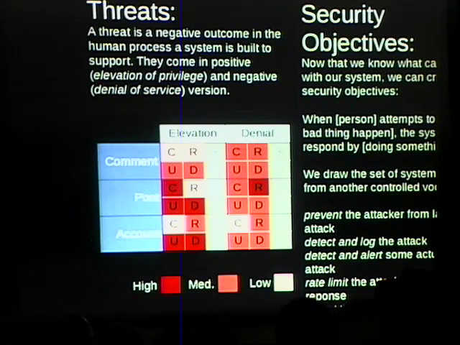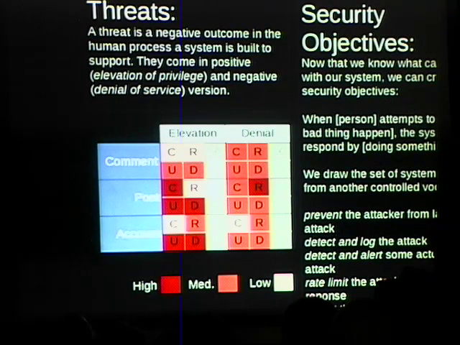The one that's fallen off the bottom is thwart the attacker from doing it. And this is mostly what you're doing if you want the authentication system to reject bad passwords: you're thwarting the attacker from instantiating that threat. You're not preventing them from launching the threat. That would be, say, preventing the user or the attacker from ever talking to that interface in the first place.